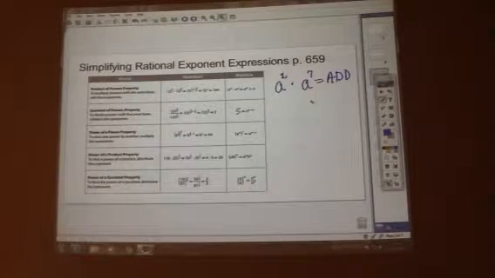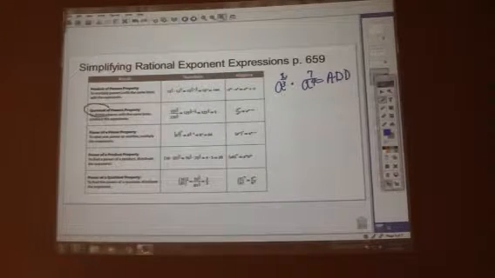So when you multiply and you're using powers, you're using exponents, you add the exponents. So if these were both fractions, what would I have to add those fractions? Common denominator. Okay? So that's a product of powers.